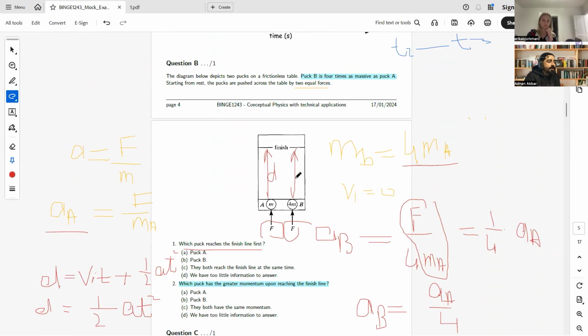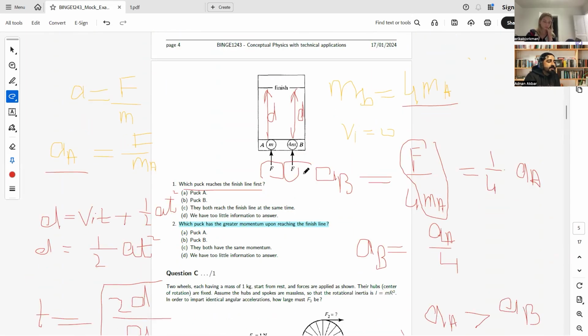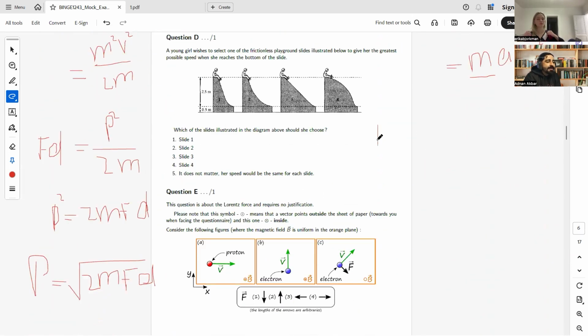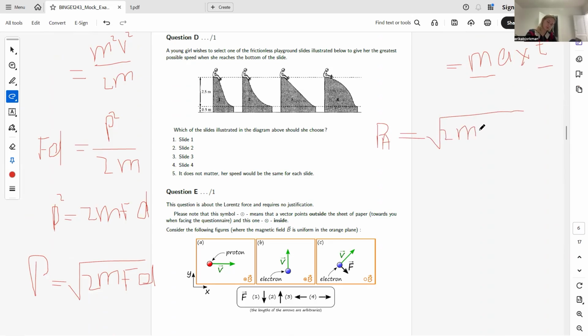One will cover the d, the other will cover the d to the finish line, so d will be the same. I'm making this momentum equation for both bodies. For the first body, PA is equal to square root of 2 MA Fd.